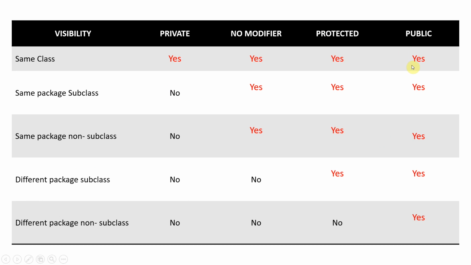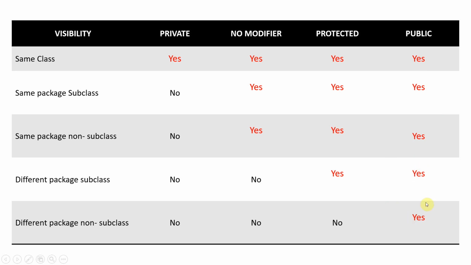So if we define any class member with the access modifier as public, it will be visible to all. It will be visible from everywhere. Suppose I define the variables or the methods of a class as public, it can be accessed in the class in which it is defined, and the other classes within the same package, and also by the other classes from the other packages.